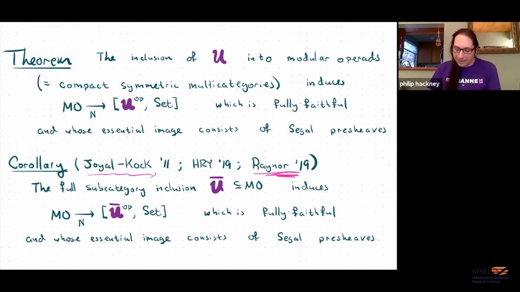So it took a while, and it's also a consequence of the theorem above, using some density results, basically following something I learned from a paper of Steve Lack and Simona Paoli. But it did take a while for a proof of this to appear.